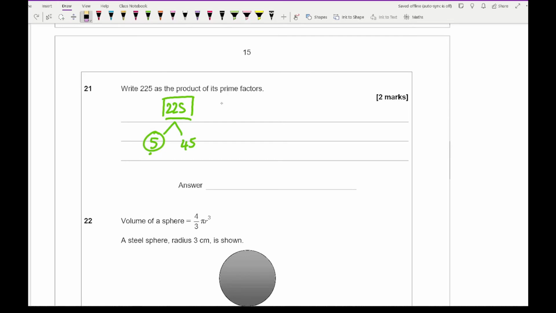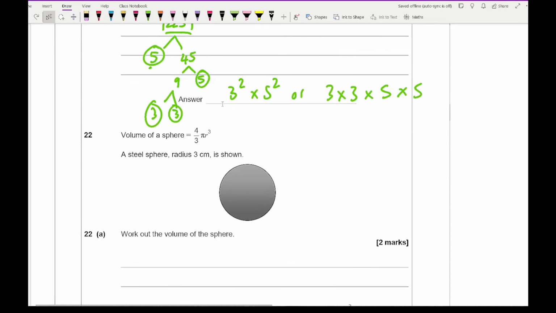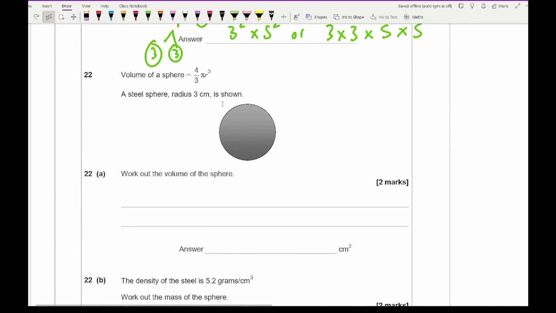And then for 45 I've got 9 and 5, 5's prime, then with 9 I've got 3 and 3. So then what I've got is 3 squared times 5 squared, or what I could write is 3 times 3 times 5 times 5.